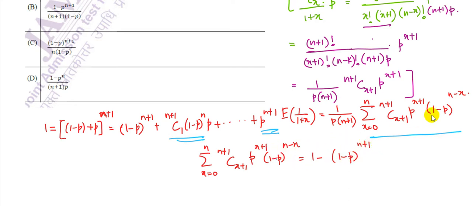So this whole sum becomes equal to this. So that means the expectation of 1 by 1 plus x will be 1 minus p to the power n plus 1 by p into n plus 1.